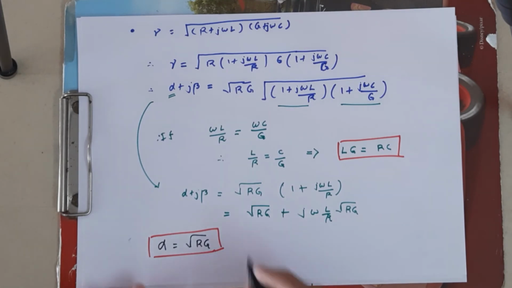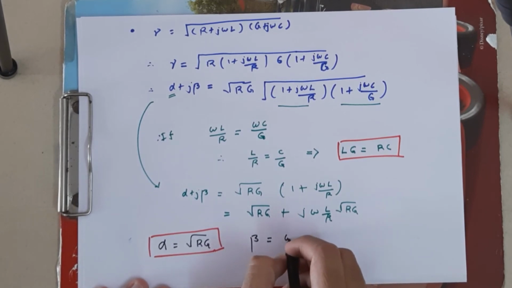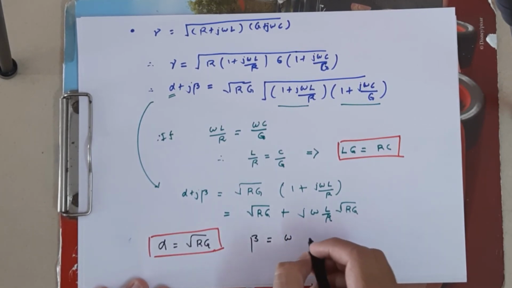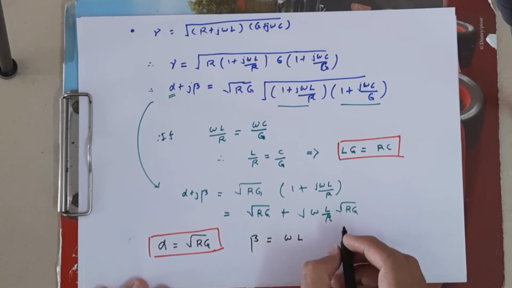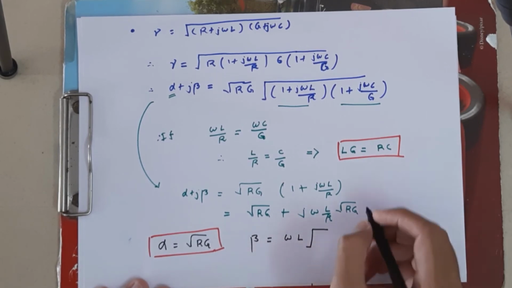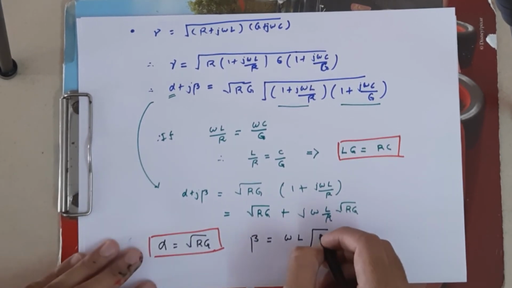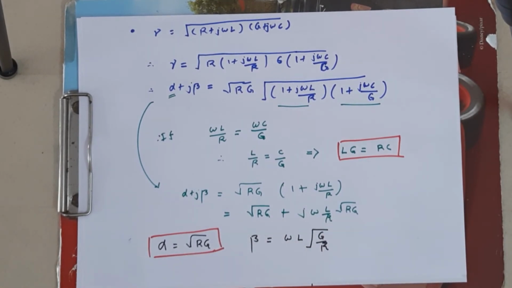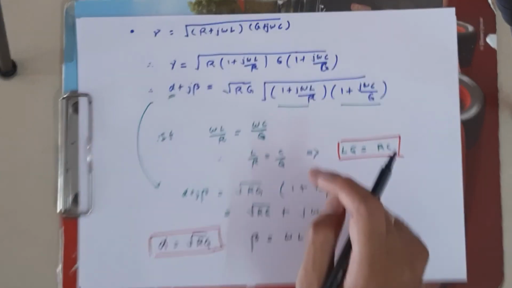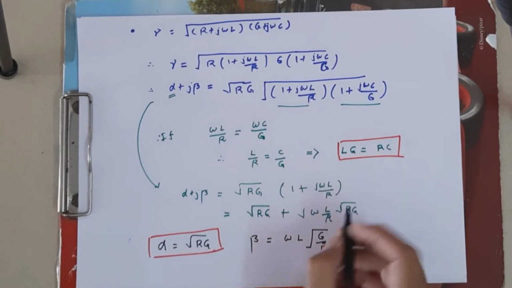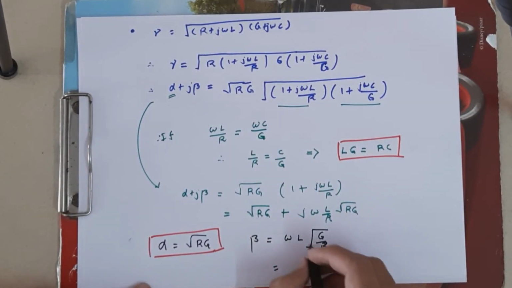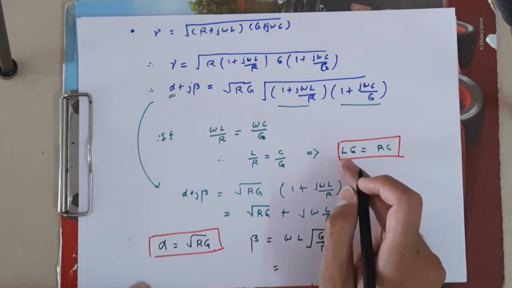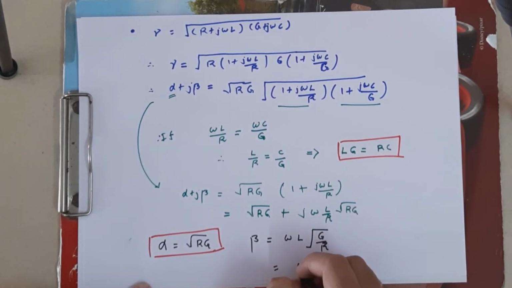What is beta? Beta is equal to omega L times the square root of G by R. You can write it this way, the square root of G by R. If you put the condition L by R is equal to C by G, or you can put LG is equal to RC, then this becomes omega times the square root of LC.